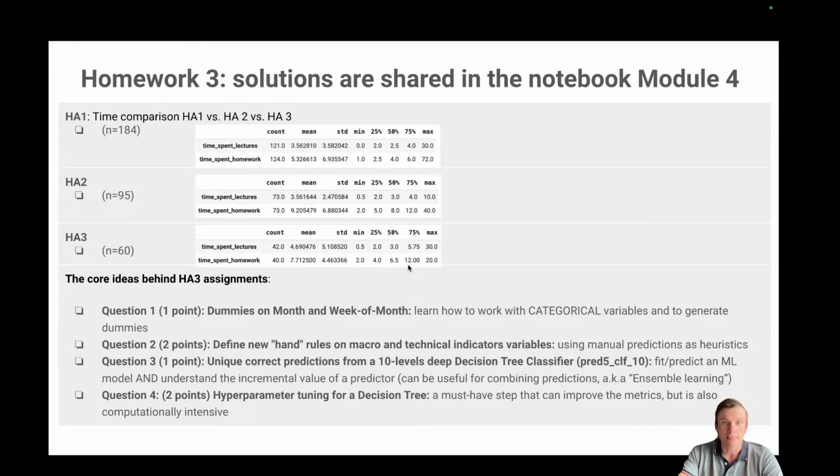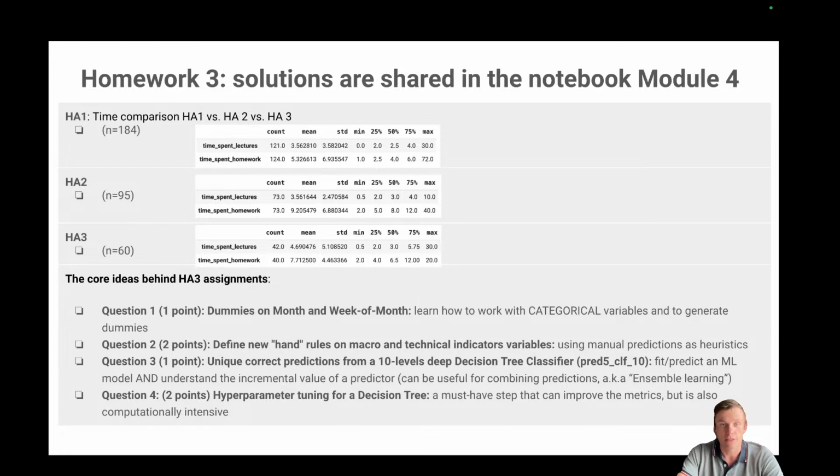And as some of you wrote that you don't understand why there are these or those questions, I will give more details on the ideas behind the homework. So question number 1 was to generate dummies for months and week of months.